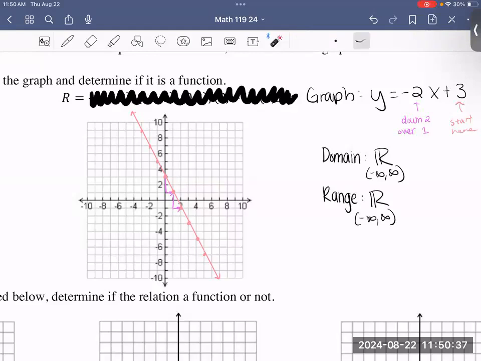The reason for that is notice how many points I plotted. And I wanted to do it on this graph because it's a little bit easier to see, right? This is (0, 3), this is (1, 1), this is (2, -1), and I'll only do just a few more. This is (3, -3), (-1, 5), right?